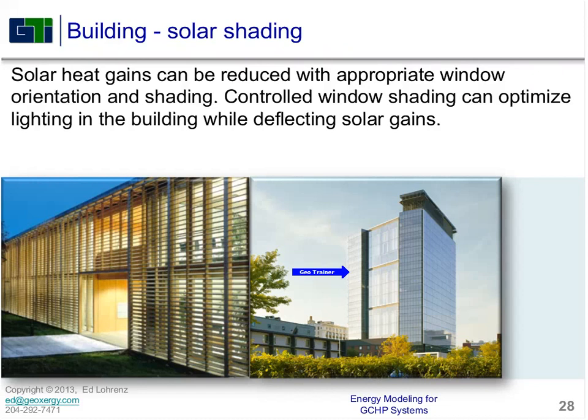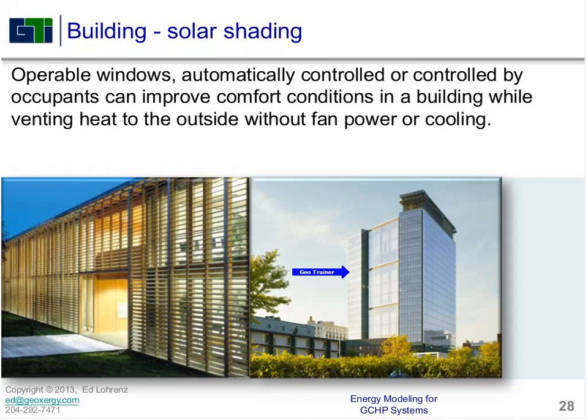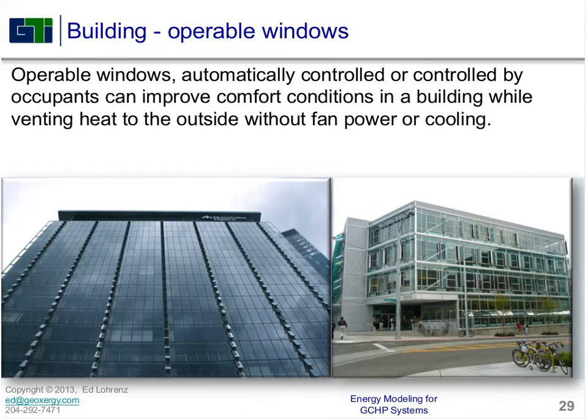With a good energy model, you can predict with reasonable accuracy what the energy cost is going to be. Operating windows are a bit more challenging to model accurately, but they will have an impact on the cooling loads.